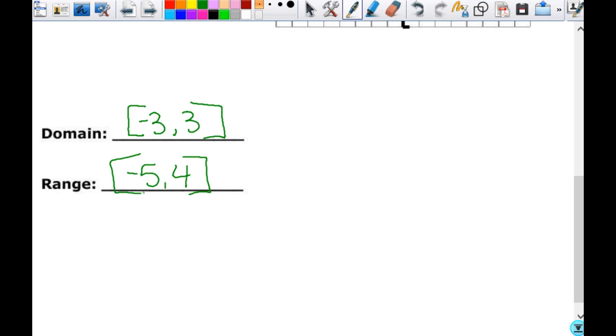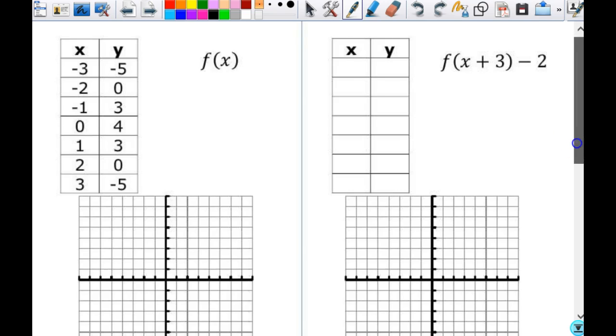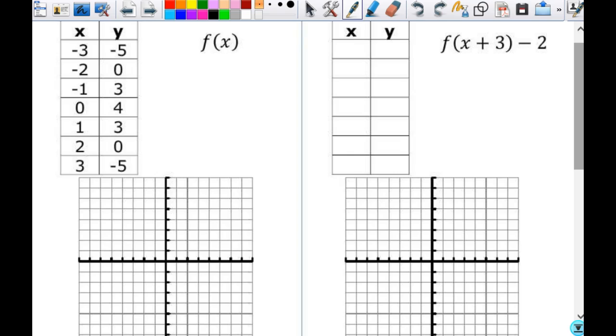All right. So we're going to start off by plotting the same function here. So we're going to go to -3, -5 rather. So go inside here and you're plotting the exact same thing.